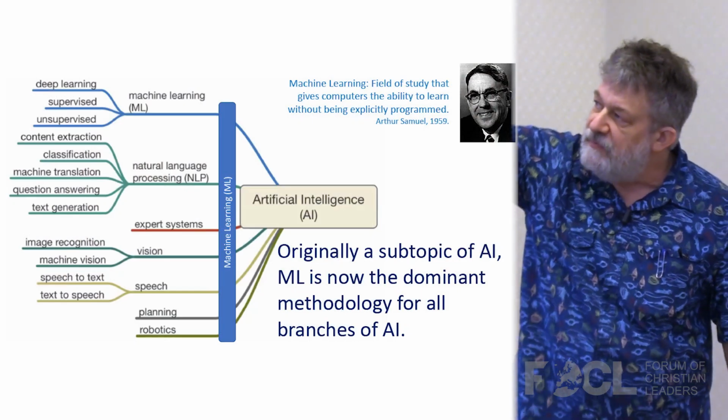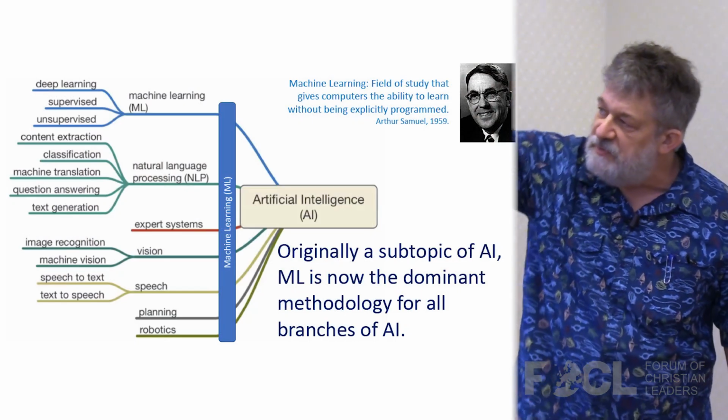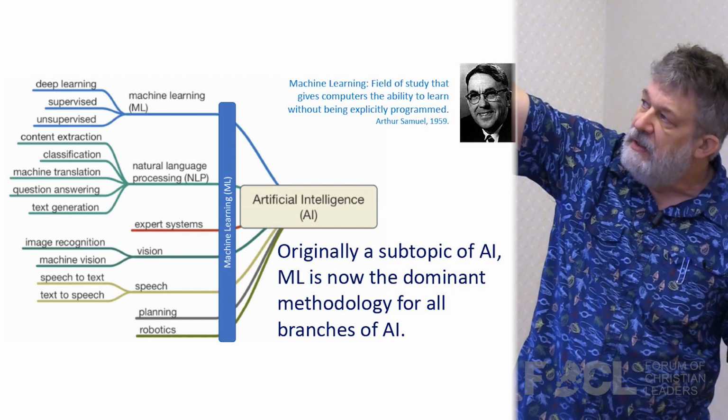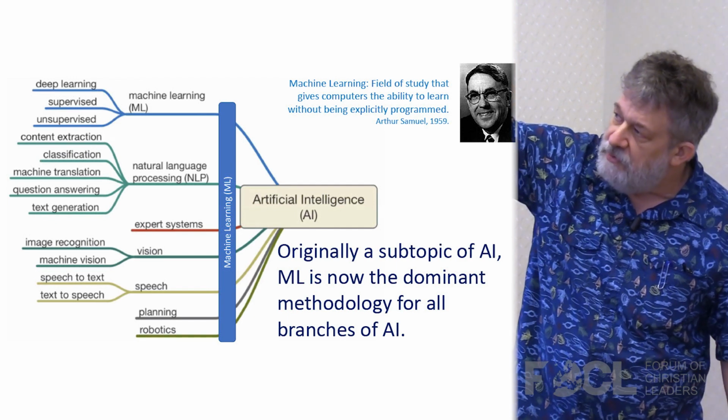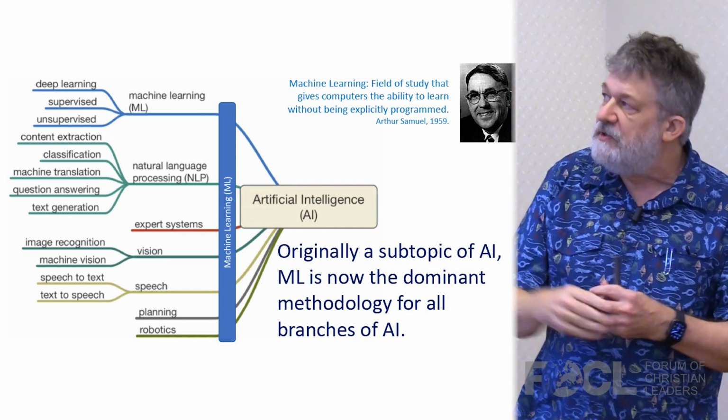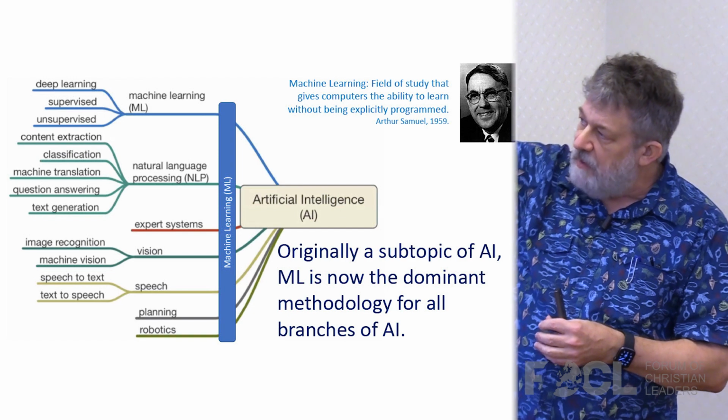So artificial intelligence, over the 70 years that it's been around as a field of study, includes lots of these things on the left-hand side, from speech recognition to image recognition, expert systems, et cetera. And then you could see these major areas.